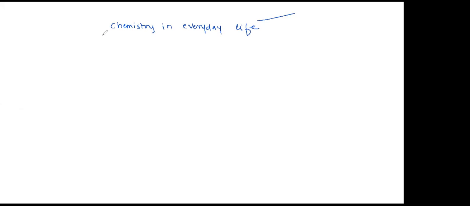So these are my general notes of chemistry in everyday life. So we are going to learn some important aspects, notes. First is we are dealing with the food chemistry.